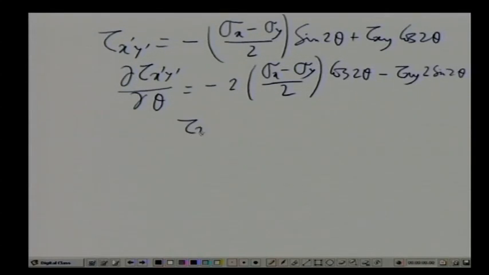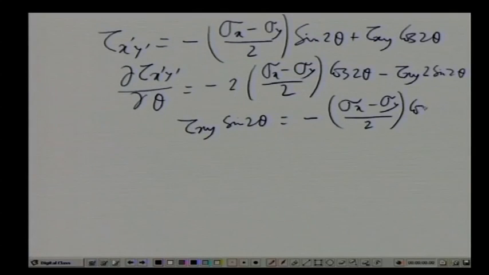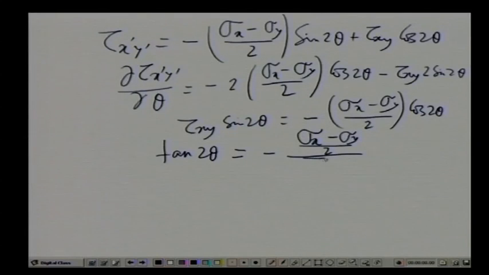So, tau x y sin 2 theta is equals to minus (sigma x minus sigma y) by 2 cos 2 theta, or tan 2 theta is equals to minus (sigma x minus sigma y) by 2 by tau x y.